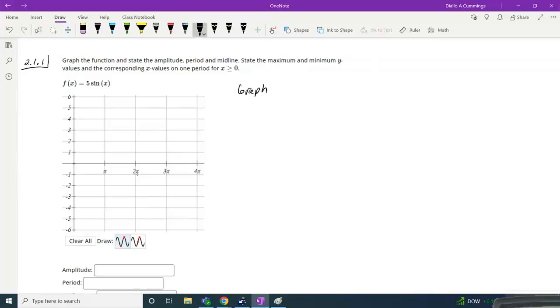All right, so let's graph y is equal to 5 times the sine of x. The first thing to do is to find the period.